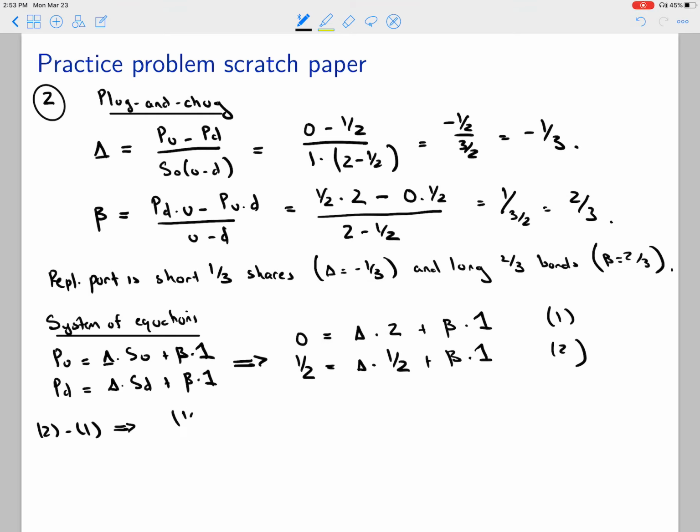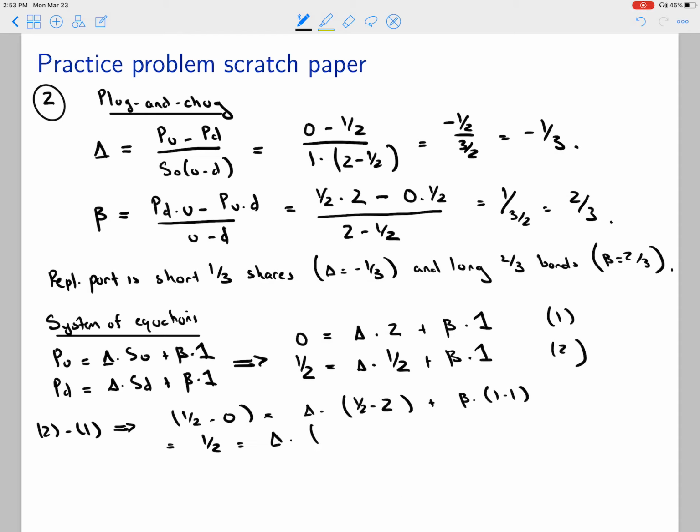It's going to imply that 1/2 minus 0 is equal to delta times 2 minus 1/2, plus beta times 1 minus 1. Simplify this: 1/2 equals delta times, excuse me, this is the negative right here, 1/2 minus 2.